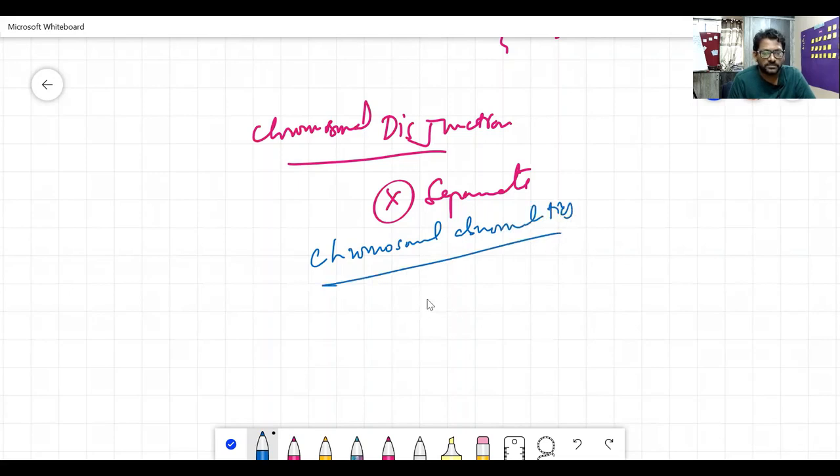So during fertilization, if there is chromosomal non-disjunction, meaning they haven't separated properly, then either one chromosome would be extra or one chromosome would be deleted in one of the cells, resulting in chromosomal abnormalities.